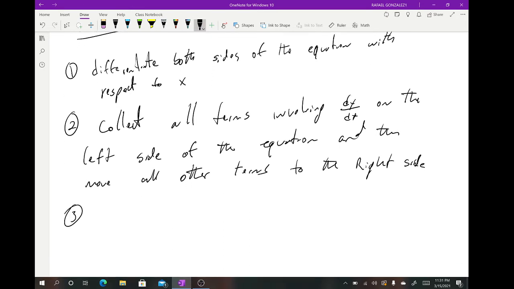We'll illustrate this. The third step is to factor, so as to factor dy dx out of the left side of the equation.